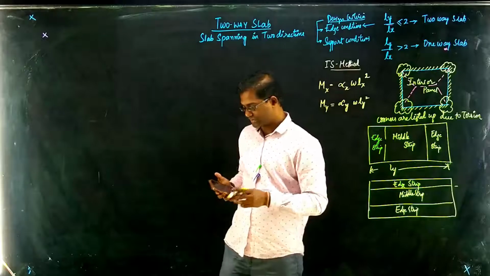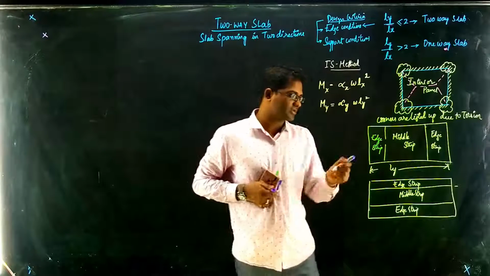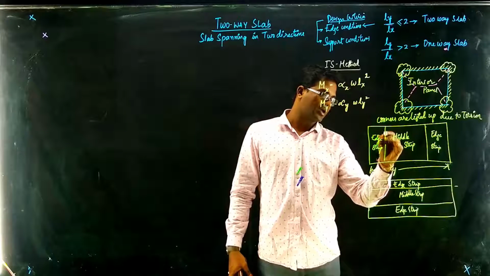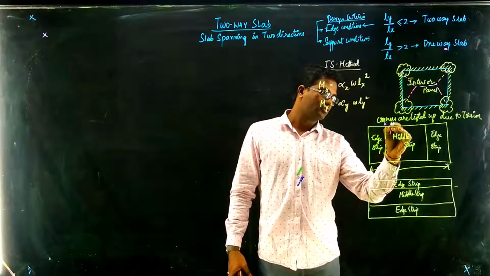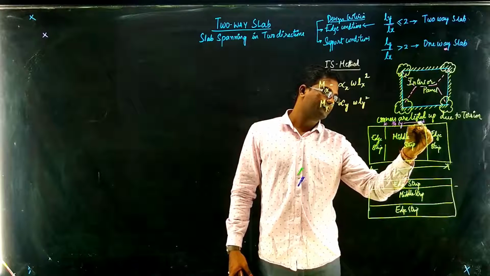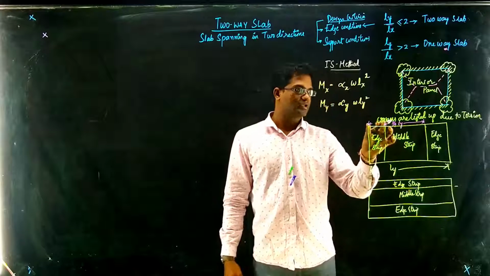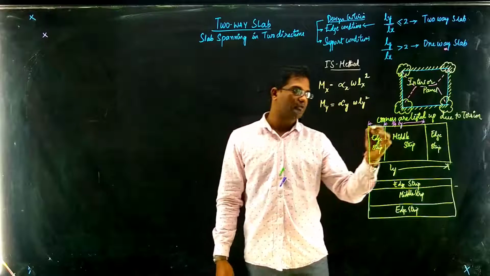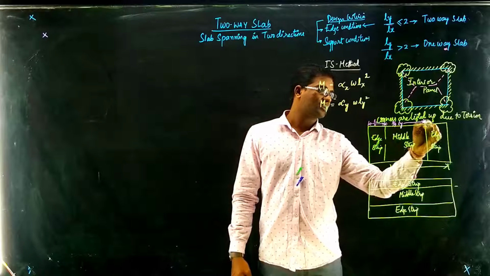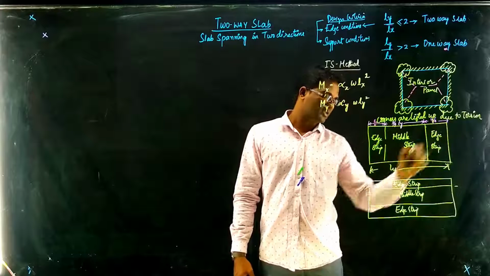Okay. Now, the dimensions of these middle and edge strips are given as follows. You can assume the middle strip as 3/4 of Ly, and the remaining balance, 1/4 divided by 2, is Ly by 8 on each side.